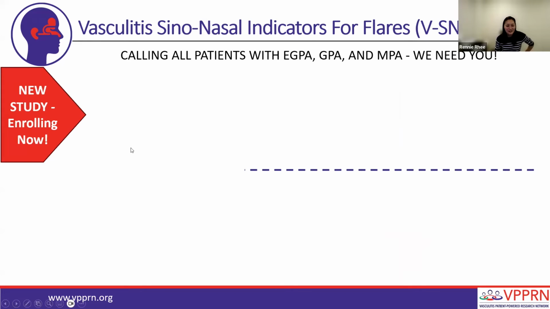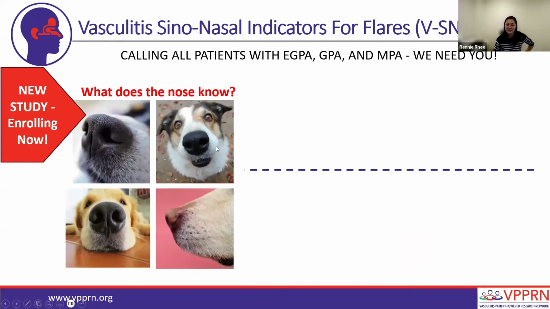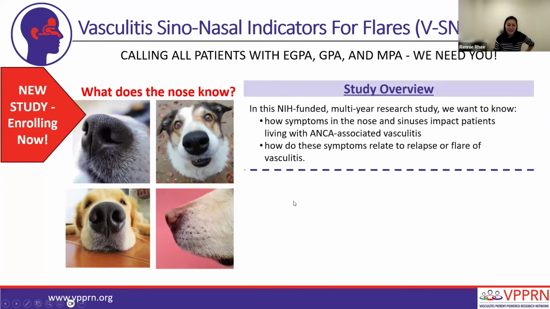So if any of you have a diagnosis of EGPA, GPA, or MPA, we would love for you to be involved in this study. We are trying to know, what does the nose know? And this is an NIH-funded research study, and we're looking at how symptoms in the nose and sinuses impact patients living with ANCA-associated vasculitis and how these symptoms are related to relapse or flare of their disease.